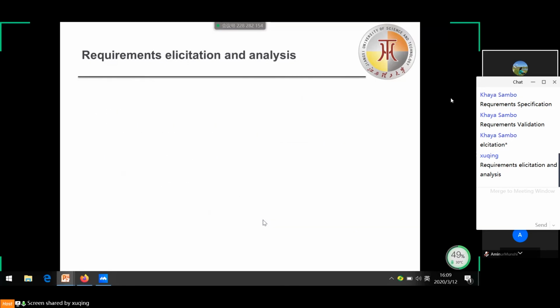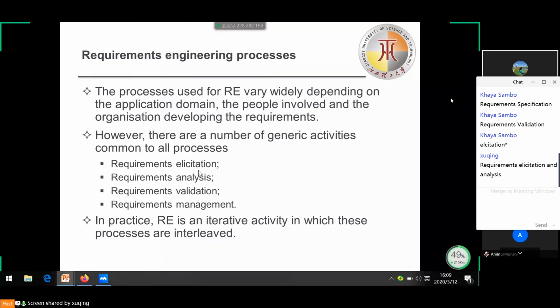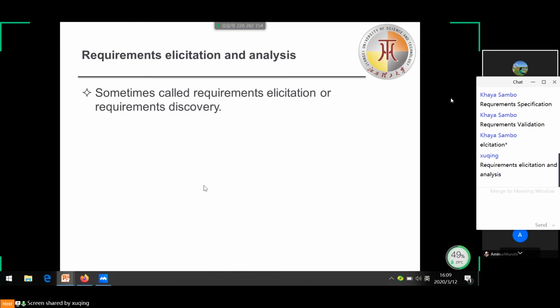Now we'll see the first one, the requirements elicitation and analysis, in detail. As said by Kaya, for the requirements engineering process, the first stage is our initial feasibility. After that, we'll begin our next stage, that means the requirements elicitation and analysis. Sometimes we call this requirements elicitation or requirements discovery.